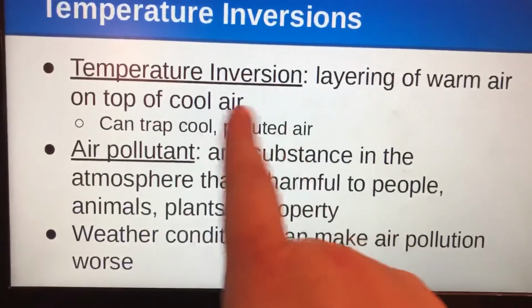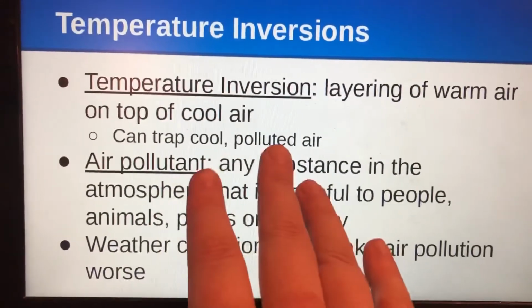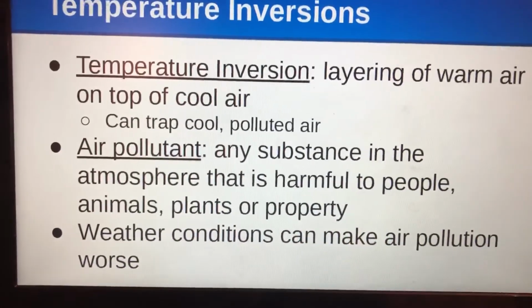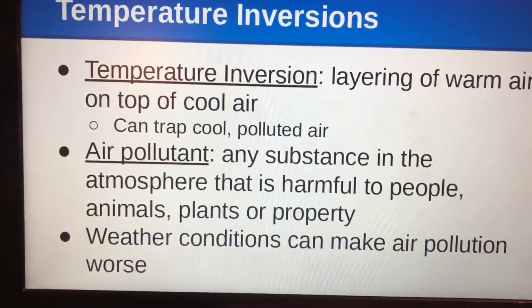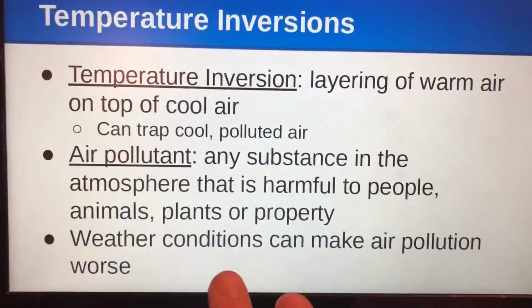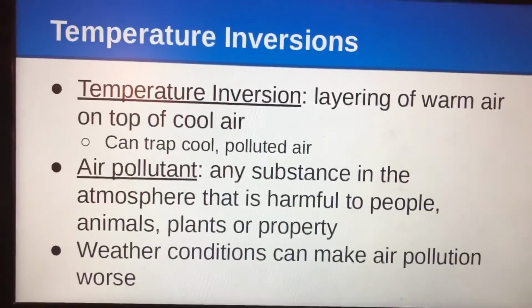Now these temperature inversions can lead to trapping polluted air at our surface, which is no good. An air pollutant is defined as any substance in the atmosphere that's harmful to people, plants, animals, or property. Certain weather conditions can make air pollution worse.